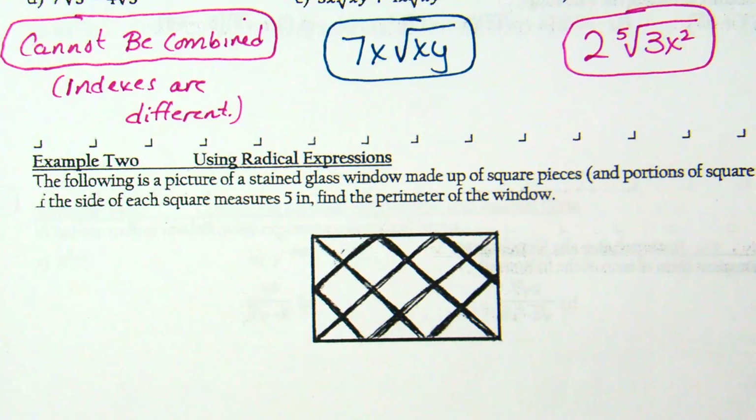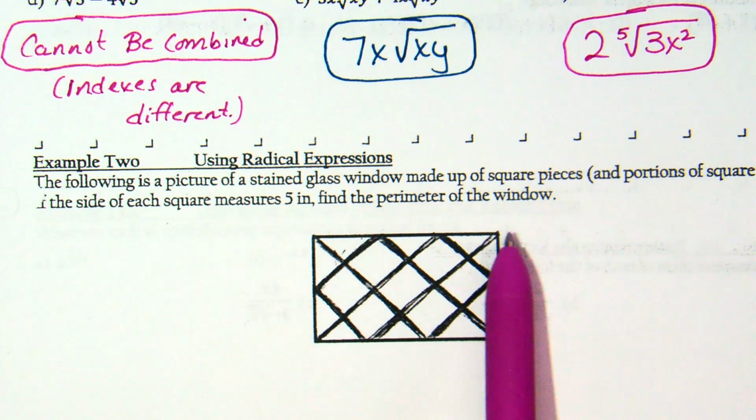If the side of each square measures 5 inches, find the perimeter of the window. What do we mean perimeter? The outside, right? All the outside edges added up. So we're wanting the perimeter of this whole piece, yes?